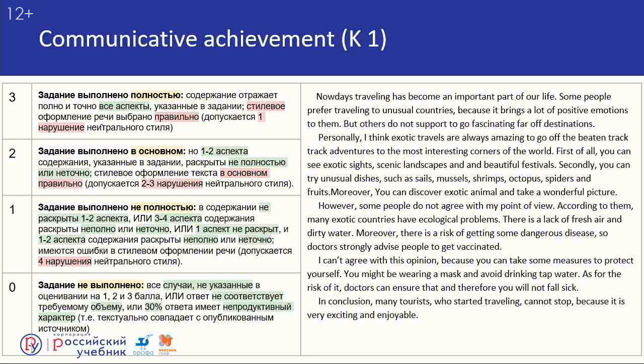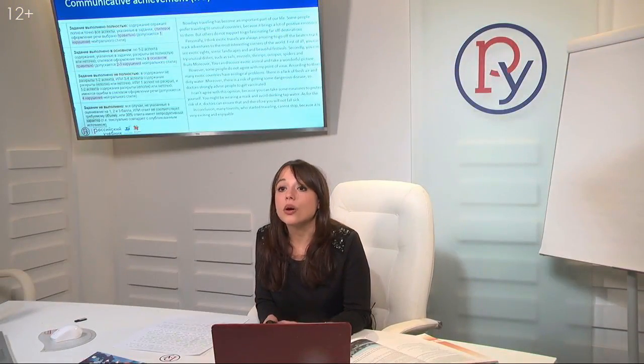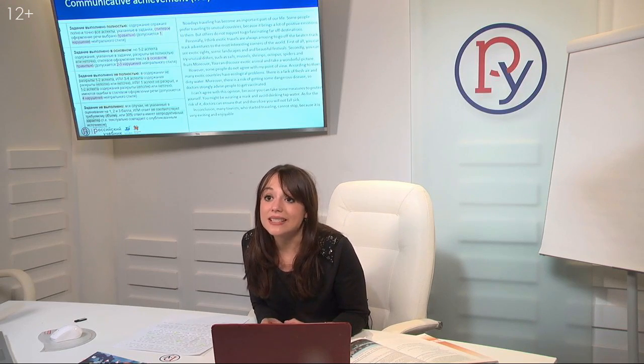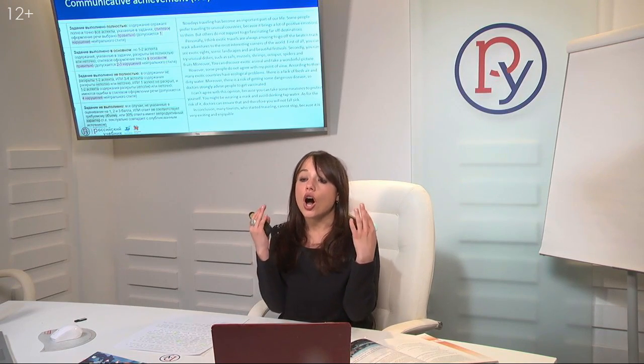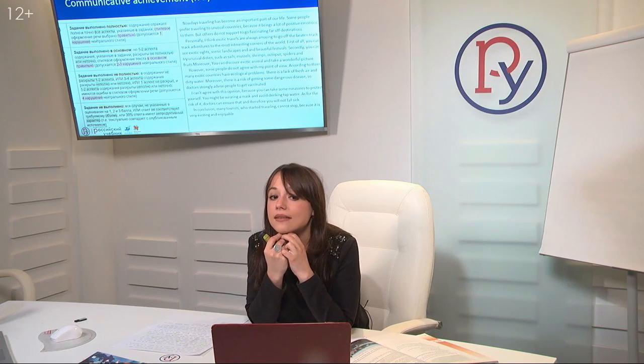Now, I believe that in this piece of writing, the conclusion does not really match. In the conclusion, our learner does not really restate their position. They just go off topic, which means that this aspect is not really covered.